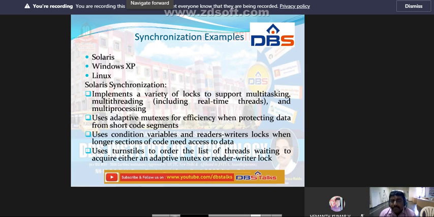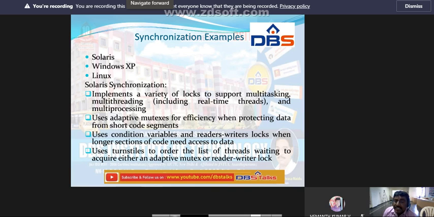Here we use adaptive mutexes for efficiency when protecting data from short code segments. At the same time, we use conditional variables and reader-writer locks when the longer sections of code need access to data.